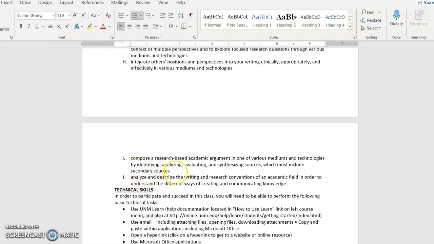And then J, analyze and describe the writing and research conventions of academic fields in order to understand the different ways of creating and communicating knowledge. So basically, by the end of this class, you should be able to tell the difference between something written for GQ or Redbook or whatever, something written for a generalized audience, and something written for a specialized audience, right?